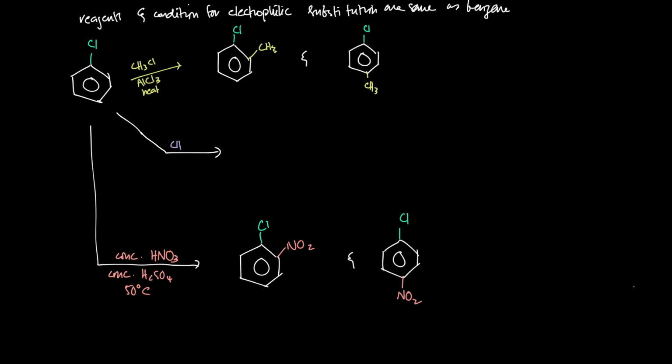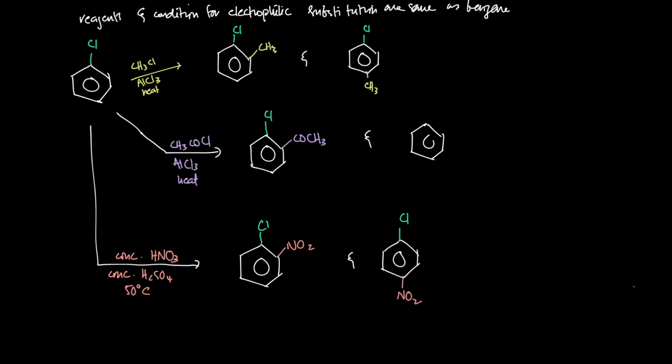So let's say I'm doing CH3COCl, and I'm going to use AlCl3 as my catalyst and heat it. What I'm going to end up with is chlorine, and now the acyl group can go on carbon number 2 or carbon number 4.